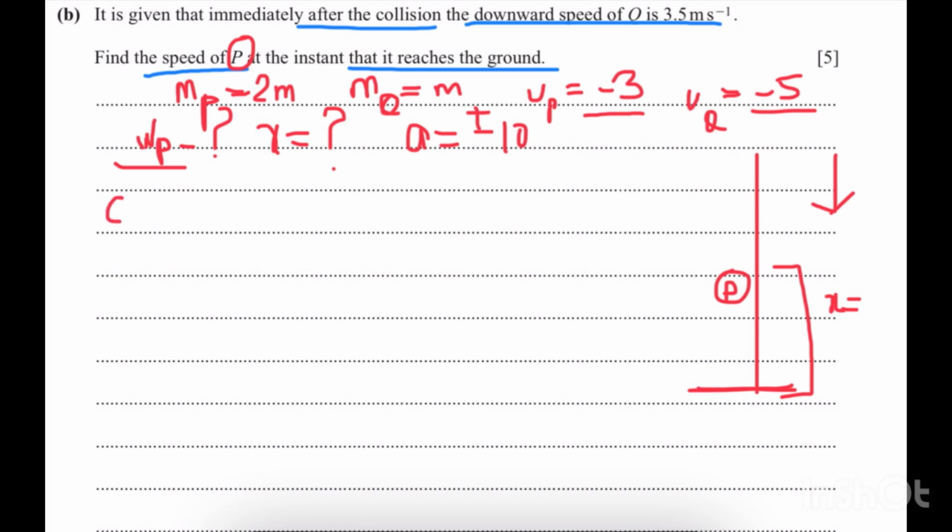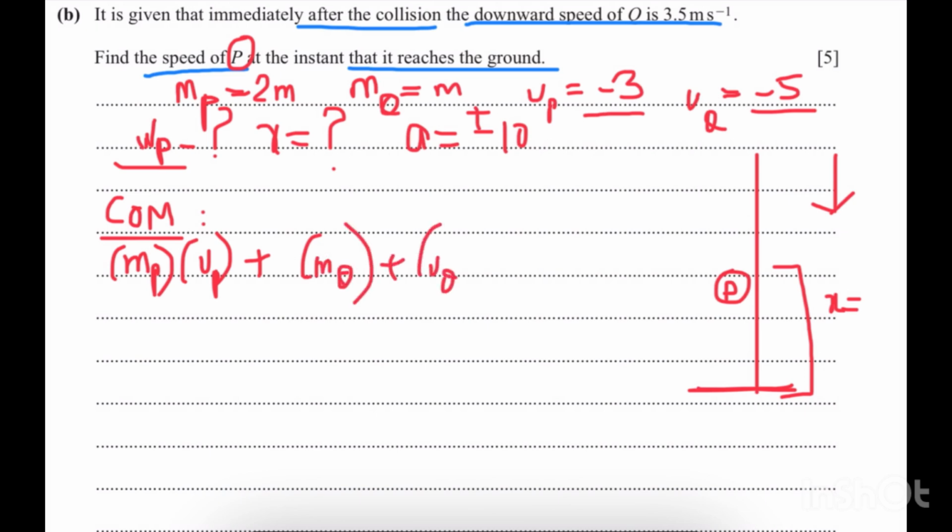We can use the conservation of momentum, which says that the mass of the first particle P multiplied by its initial velocity, plus the mass of the second particle, which is Q, multiplied by the initial velocity of the second particle, must be equal to the mass of the first particle times the final velocity of the first particle, plus the mass of the second particle multiplied by the final velocity of the second particle.